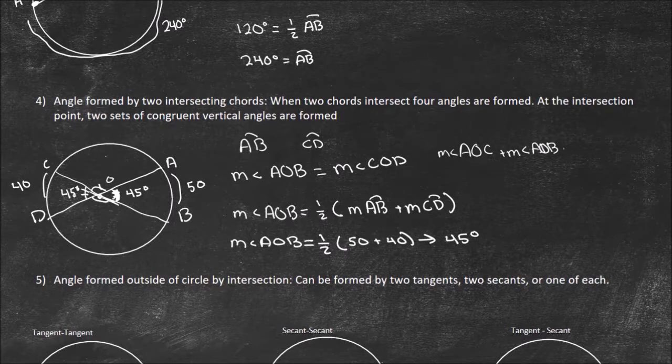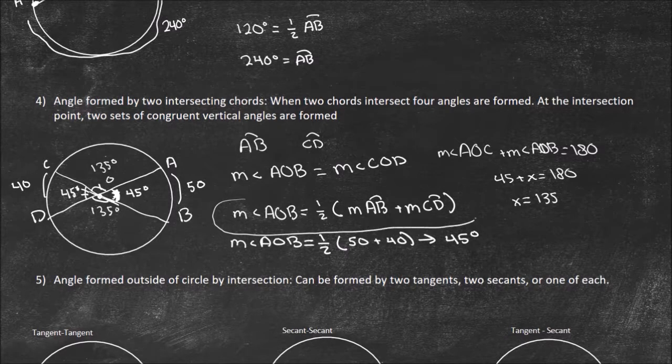Then you can do 45 plus x equals 180, and determine that x equals 135, and that is the measure of this one. And it must be that one too because they're vertical angles. So a lot can be figured out here. This is the actual rule though. If you're going to study something, memorize this, and then you can extend it in a lot of different ways. So that is the intersecting chords formula.